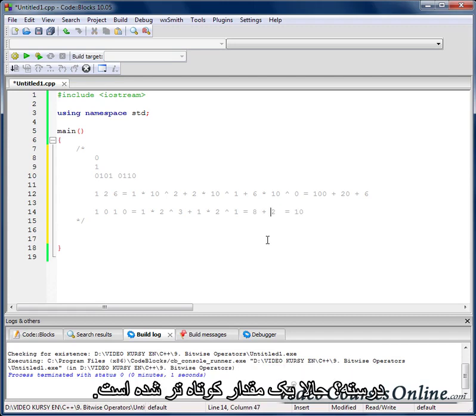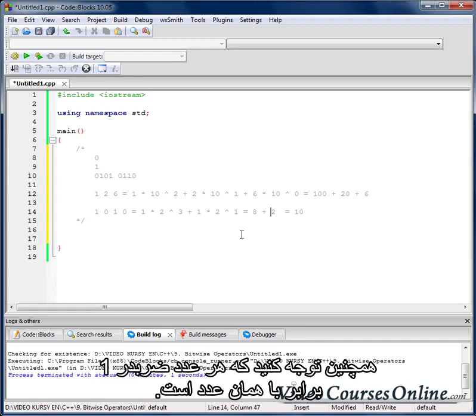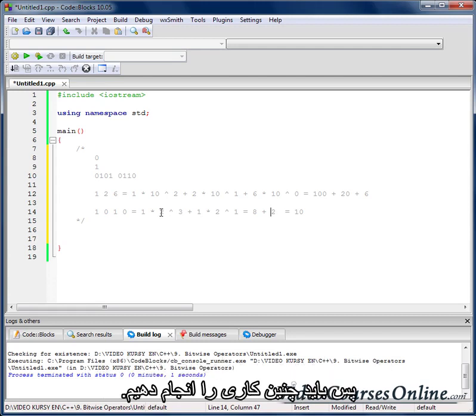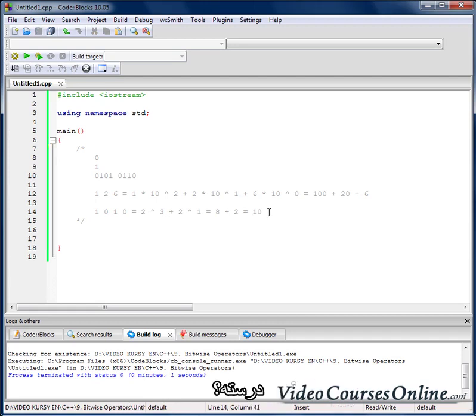And now it's a bit shorter. And again, you should also notice that anything multiplied by 1 is still the same number. So we should focus on which place that number is in and raise 2 to the power of position minus 1. So we should just do something like that. And now it's very short, right?